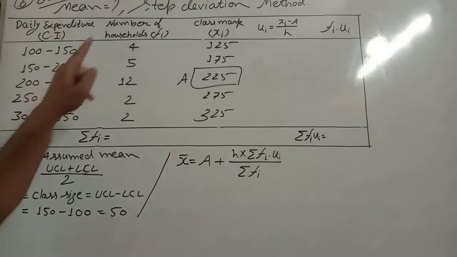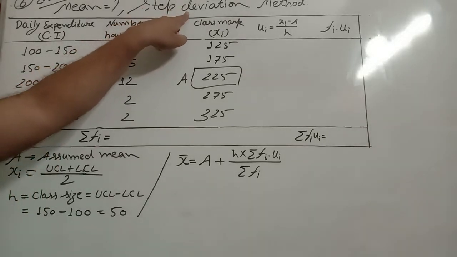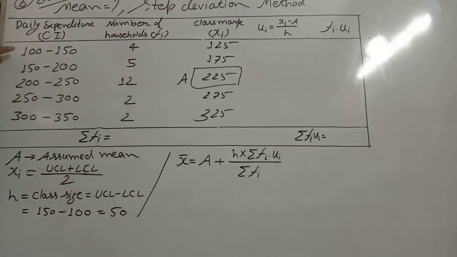And one thing to remember: this method can always be used if the class size is the same in every class interval. हर एक क्लास इंटरवल में क्लास साइज की वैल्यू सेम होनी कंपलसरी है. इफ देयर आर डिफरेंट क्लास साइज, then we can't use step deviation method, then we use assumed mean method or direct method.